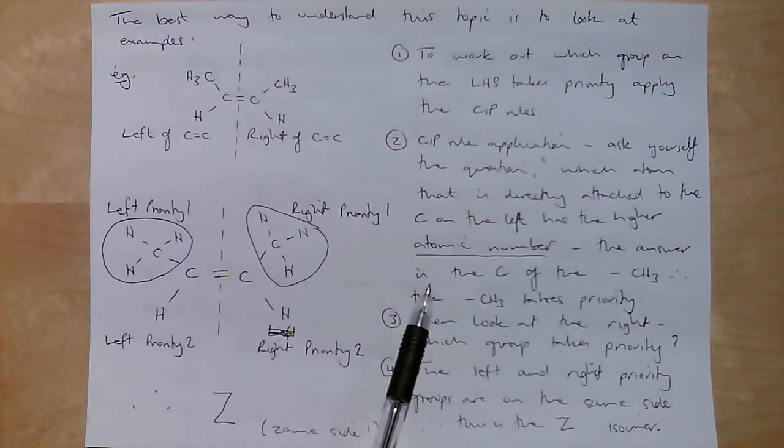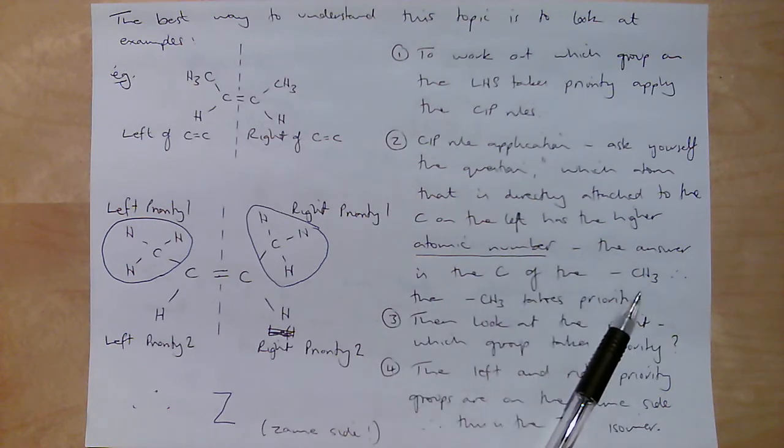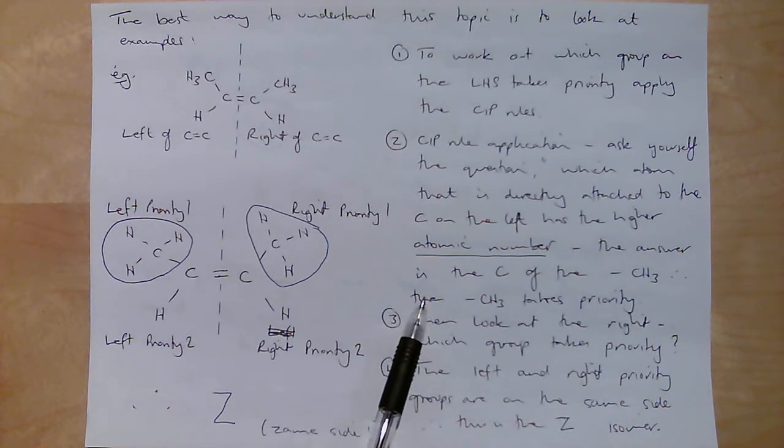The answer is the C of the CH3, so the CH3 group takes priority. Then look to the right of the double bond: which group takes priority? In this case the left and the right priority groups are on the same side, so it is the Z isomer.